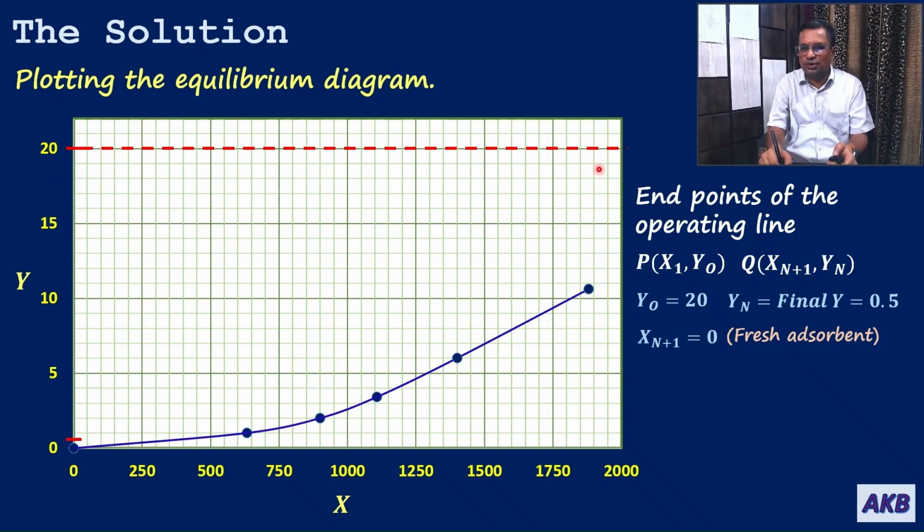Then I will draw a horizontal line. You please remember the operating line which we will be plotting. We will be doing that by trial and error. And for that, based on what is given to us, I have located this point, final Y is equal to 0.5. This is initial Y0, which is 20. And then I have drawn the horizontal line.